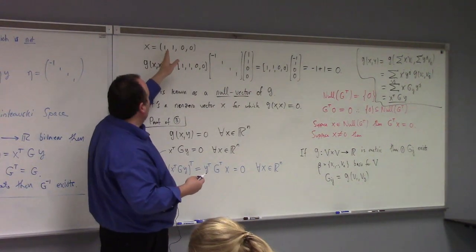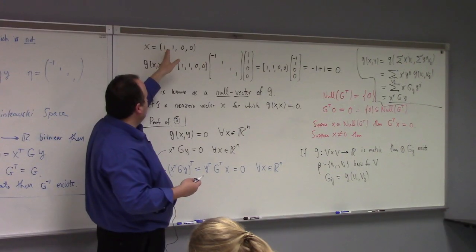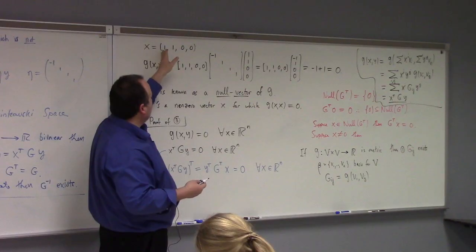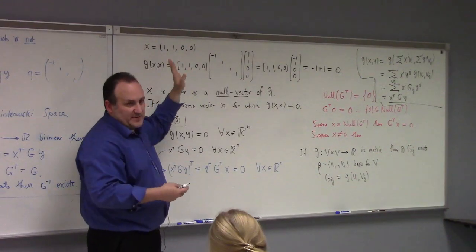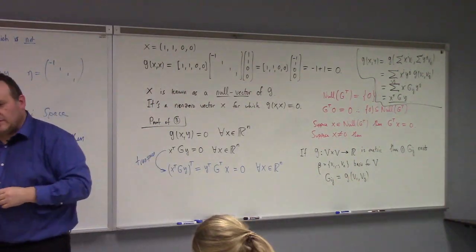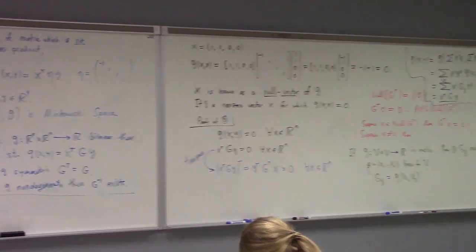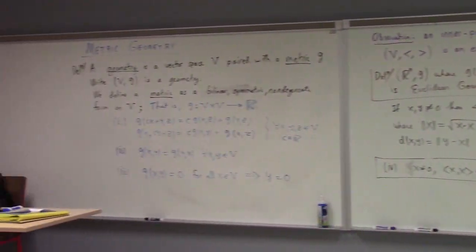So the time and the space are equal. This would correspond to something going at the speed of light when you put this into physics terminology. And so the light rays are exactly the ones that are weird for the Minkowski metric. They're these null vectors. And in any event, there's that.